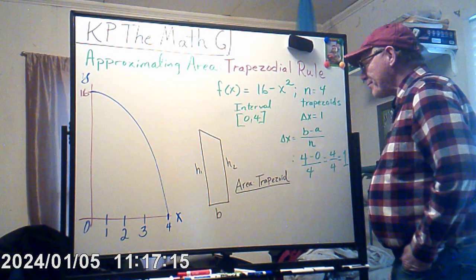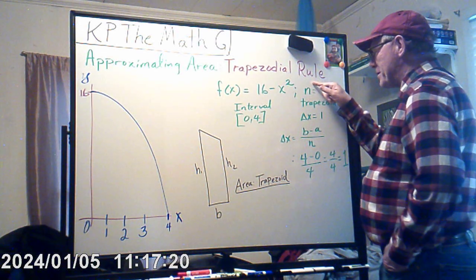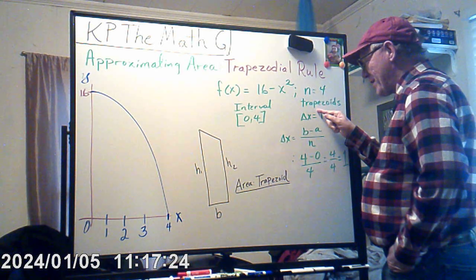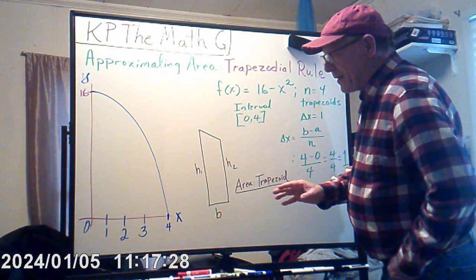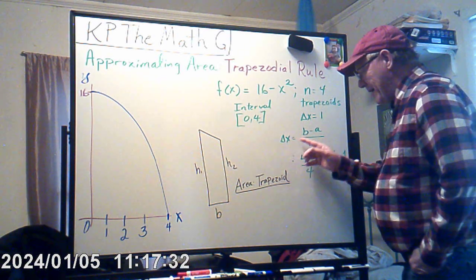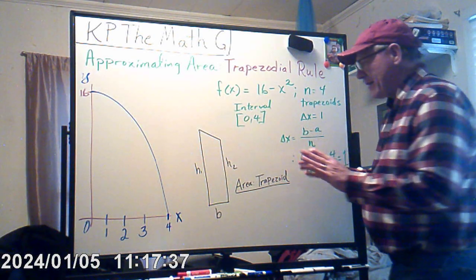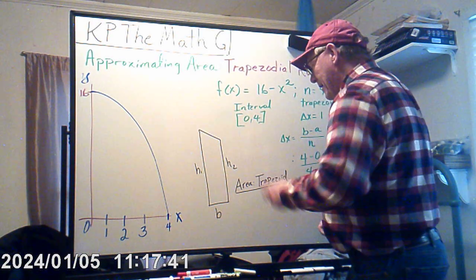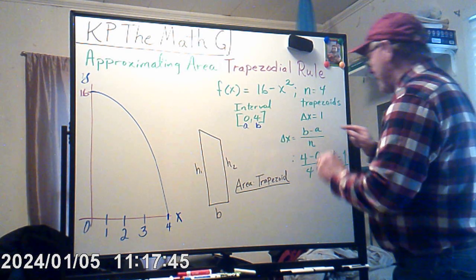N is 4, which means in this case we're doing the trapezoidal rule, so we need 4 trapezoids. Delta x, we looked at this before, but I want to show you again. Delta x is b minus a over n. Here is a, here is b, and n is already here.